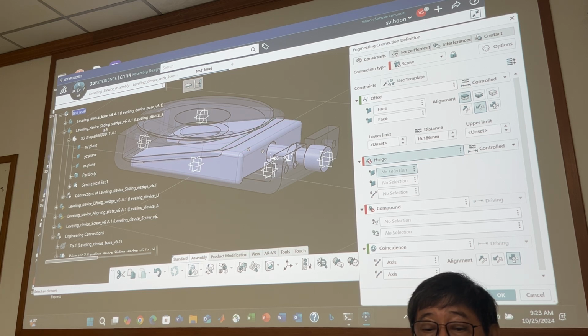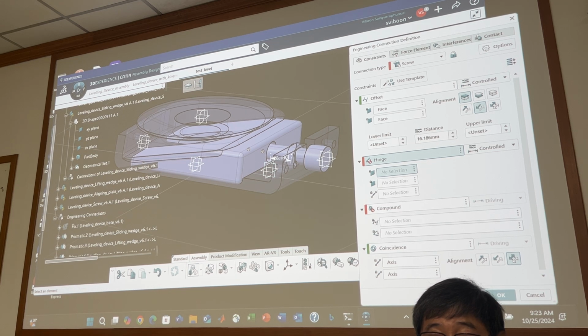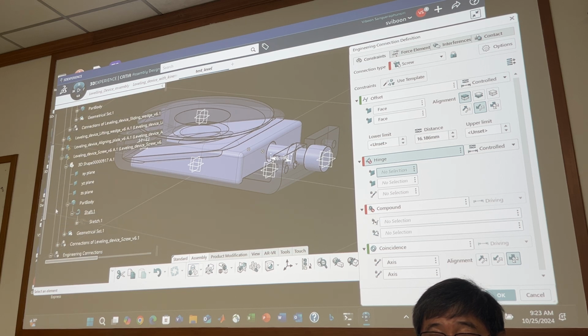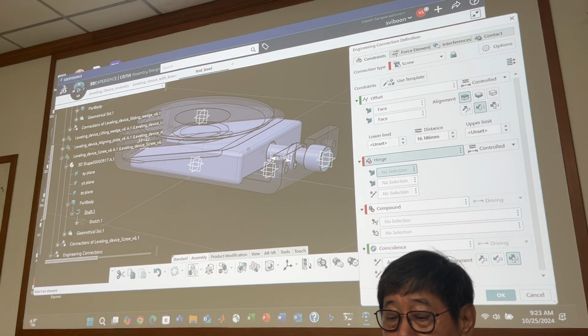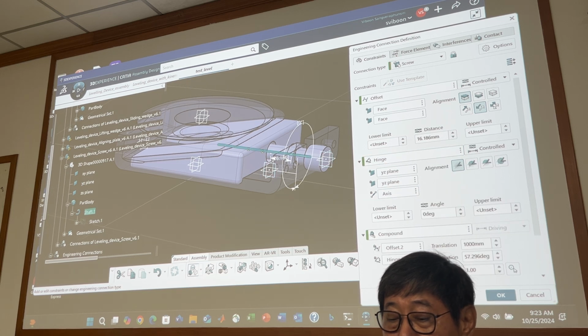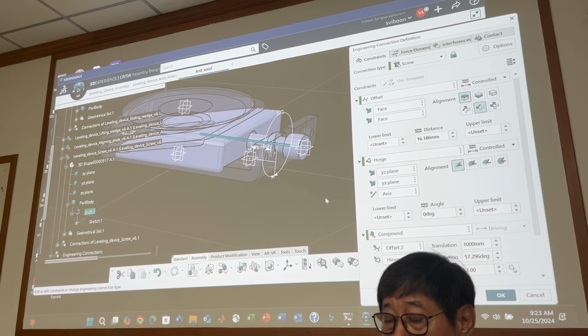You look at this one, you see sliding wedge, this one, you see it's YZ. Okay, that one YZ, right? You see the blue one, right? And the screw, look at this one, screw, you can have this one as well, screw YZ, that one, right? Okay, so in that case you can put angle, right, between this one and this one, right, the axis, this one, right? Okay, this is the angle, it's a control.